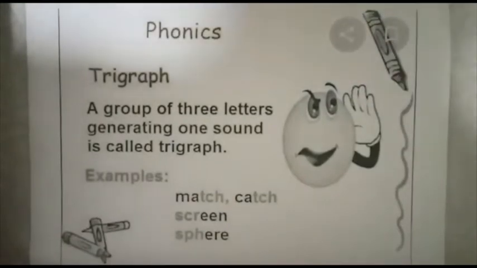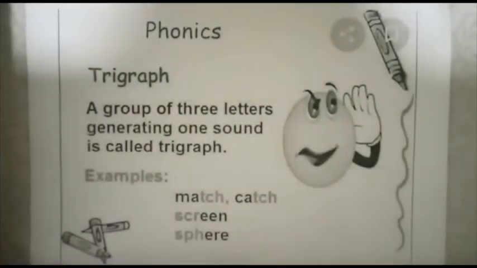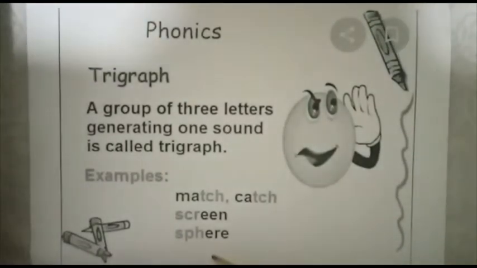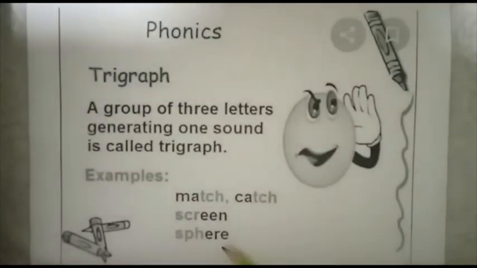There are a lot of trigraphs, like ERE. When ERE letters come together at the end of the word, they make a sound. Sphere. Sphere. So it is easy to find trigraphs.